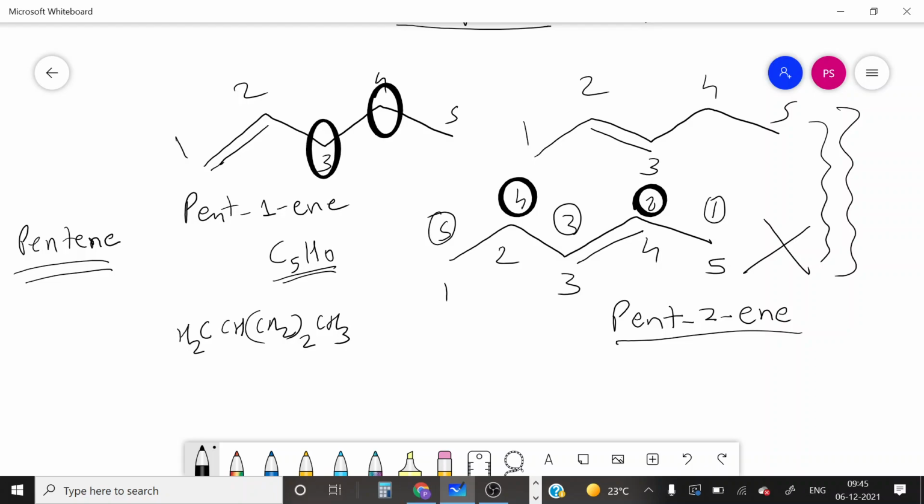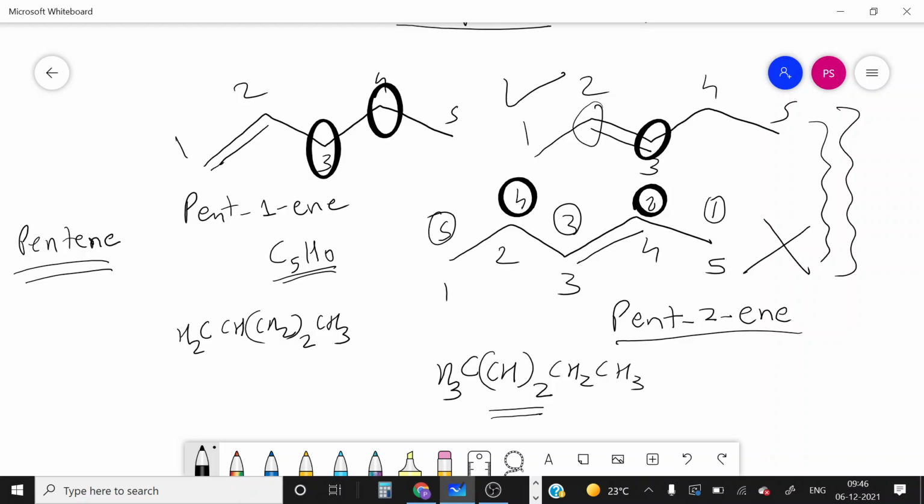Condensed formula for this compound is CH3-CH=CH-CH2-CH3. You can see here CH and CH. So CH2 times. This is not CH2, but it is CH2 2 times.